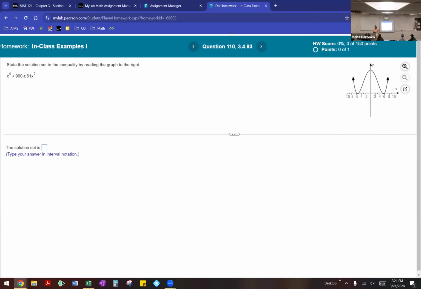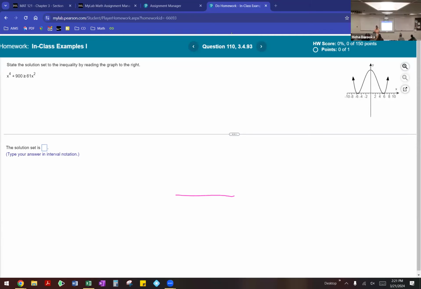So our inequality is x to the fourth power plus 900 greater than or equal to 61 x squared. Now, obviously, before you start solving for this, it's a good idea to put this in the standard form. So move all the terms on one side, get 0 on the other side.